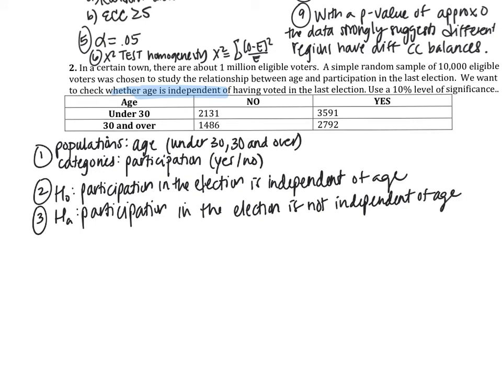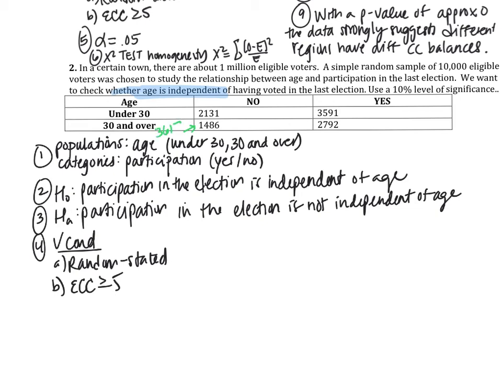All right. Step 4, check those conditions. A, is it random? Stated. Yay. B, are those expected cell counts greater than or equal to 5? All right, let's go up here and total everything out. Right here, this is a total of, again, I didn't leave enough room, but sorry, it's 3,617.